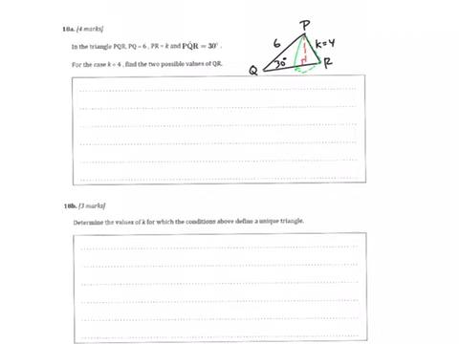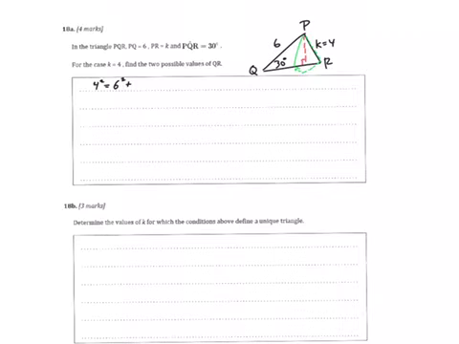So what I'm going to do is use the law of cosines in order to determine the values for QR. So c squared: I'm going to go 4 squared is equal to a squared plus b squared. So the two sides sandwiching the angle we know.